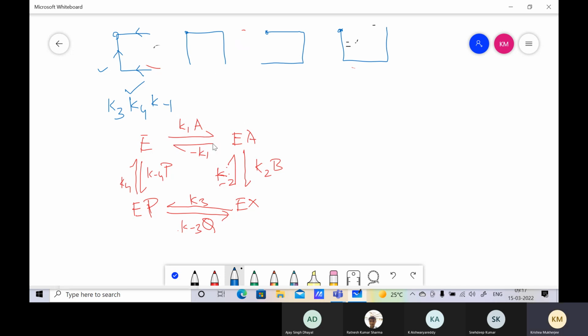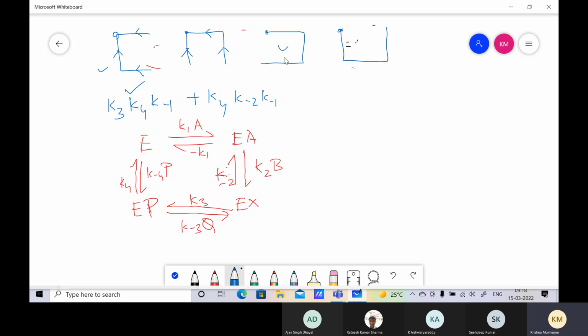Okay. What about this one here? The second one? This and this into this. So this and this into this. So what is E again? Plus, what is this one? K4. Right? And what about this and this? This is K minus 2, K minus 1.